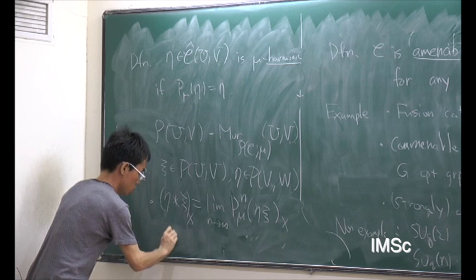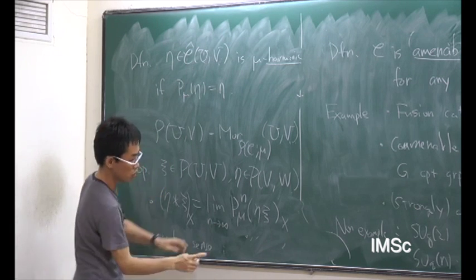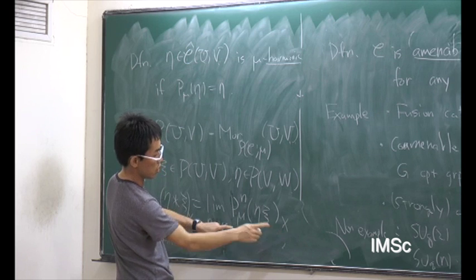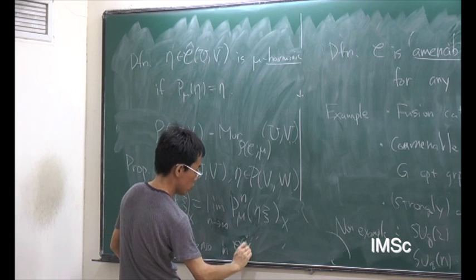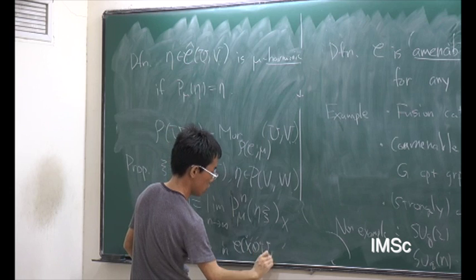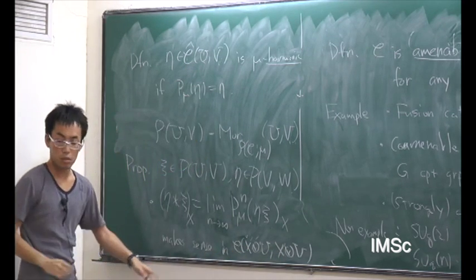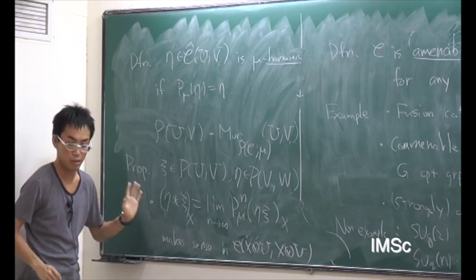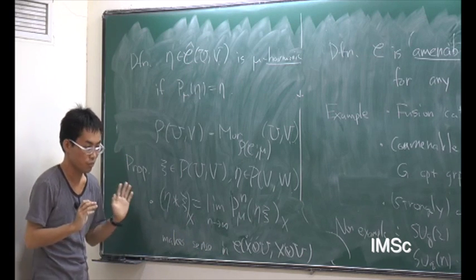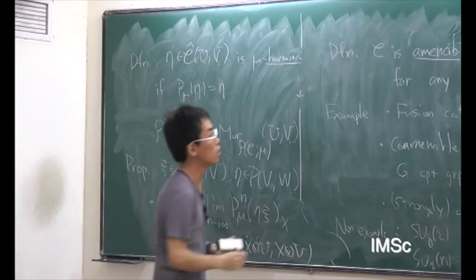makes sense. So each of these terms is in CX U X V. So now we are assuming that this is a finite dimensional space. So the convergence, there's nothing difficult about the convergence in here.